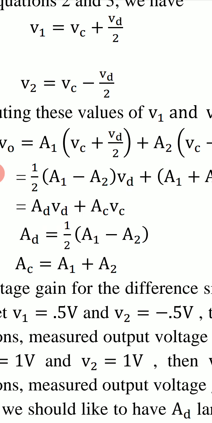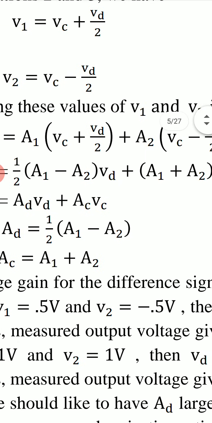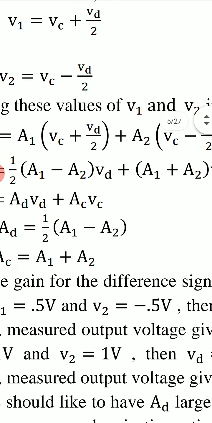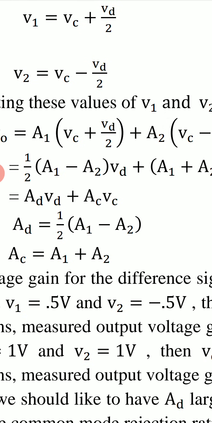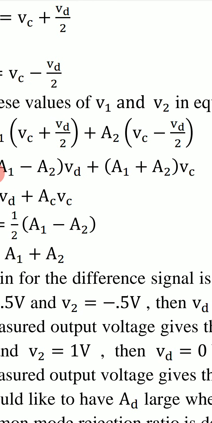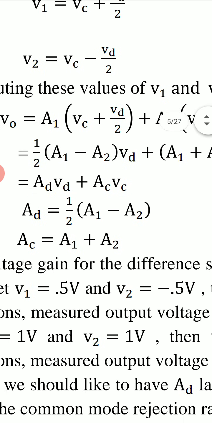We get two terms: in the first term we have Vd and in the second term we have Vc. If Vd is taken as common, we have half A1 minus A2 with it, and when Vc is taken common, we have A1 plus A2 with it.